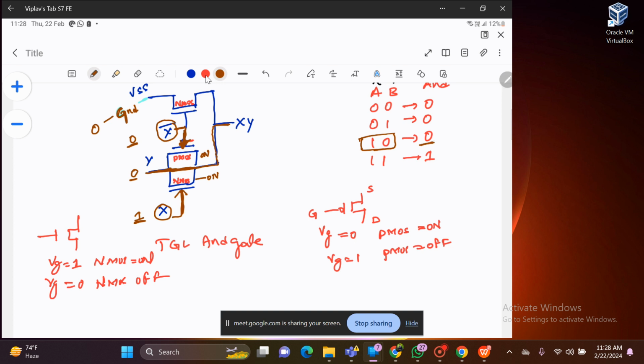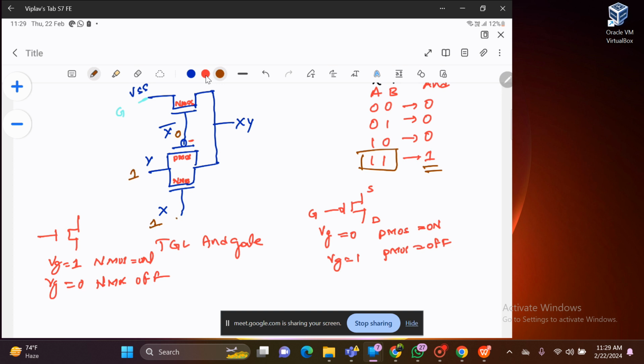Okay, let us try another one. Take 1 1, output is 1. So X is 1, X bar will become 0. Got it? Y is 1. Then next, let us see.